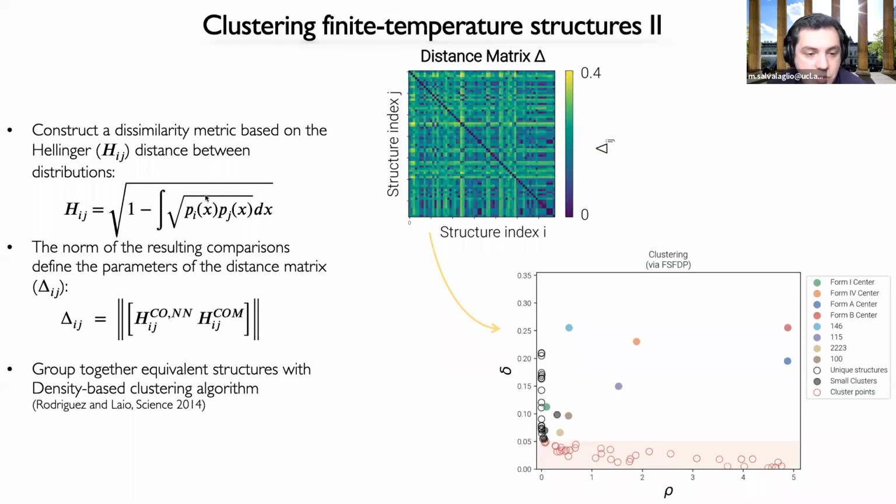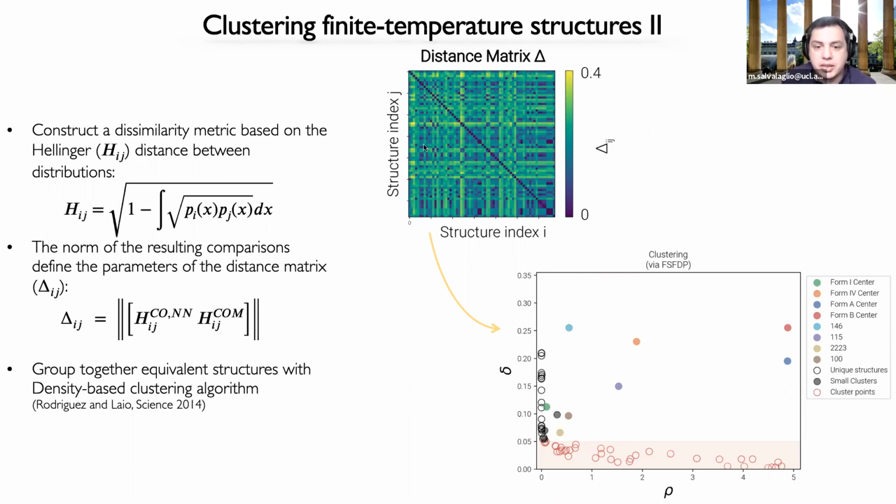And since we have different components, we take the modulus of these delta ij's computed for single fingerprints, and basically we are able to compute a distance matrix, or a dissimilarity matrix, between crystal structures.